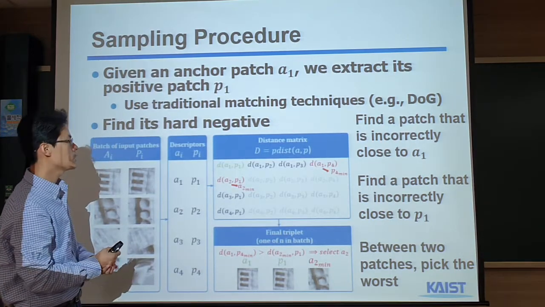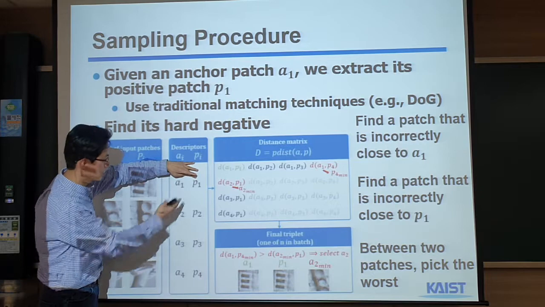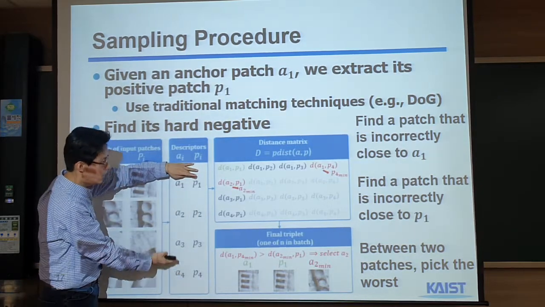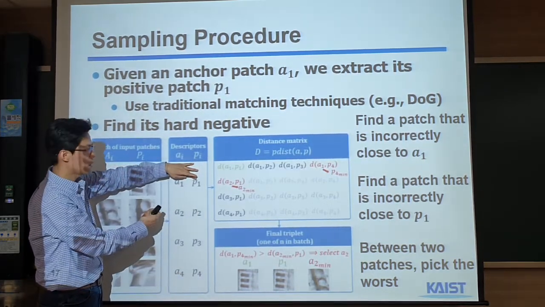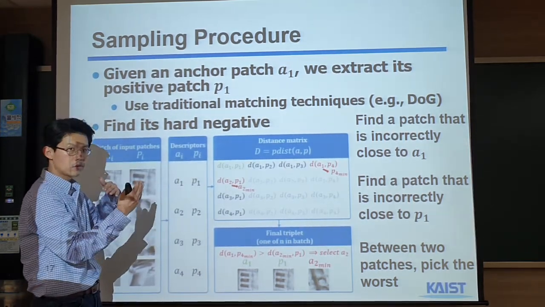We also think about the other direction. Given P1, we look at the distance between P1 and A2, P1 and A3, and so on, and identify the pair of patches that gives the smallest distance.